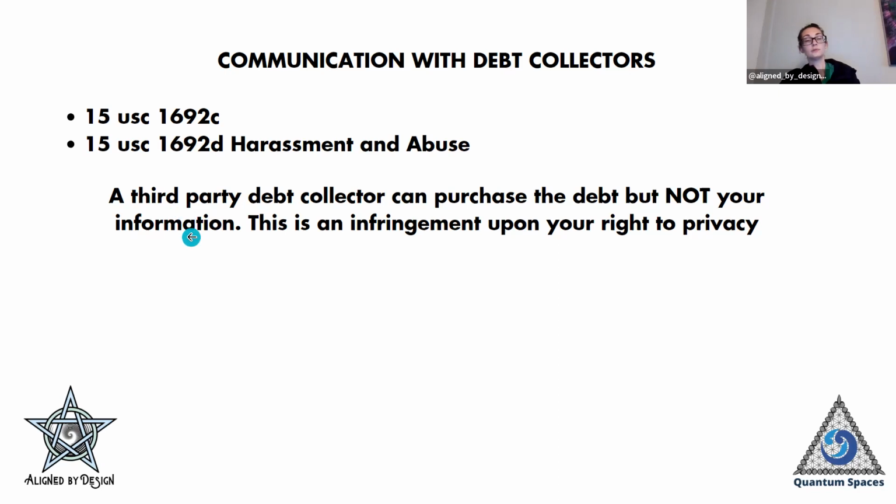Okay, so first off, it's important to know, for example, if you open up a credit card with Bank of America and you stop paying it, and then on your credit report it says charged off, that means that Bank of America sold that debt and it got paid. And then all of a sudden, a third party, like a lawyer or some company, is going to say that they're representing Bank of America to come after you for this debt.